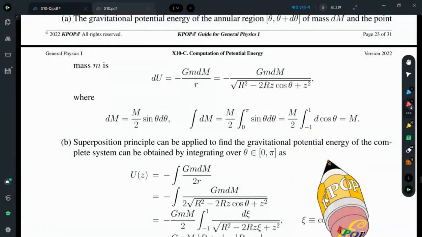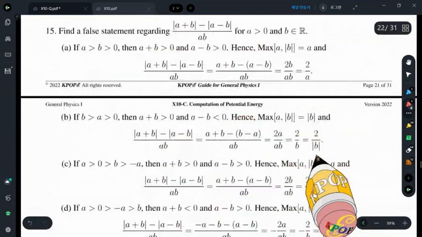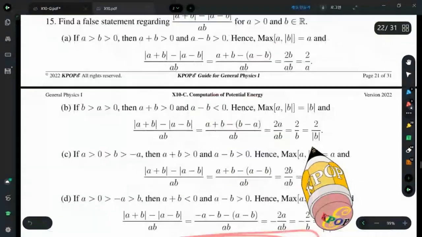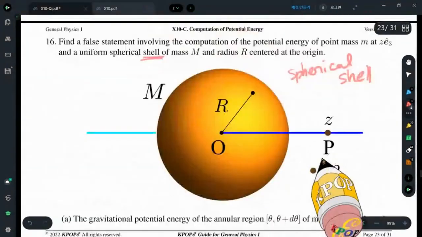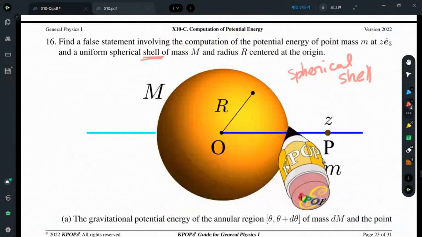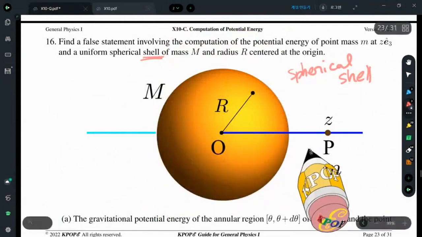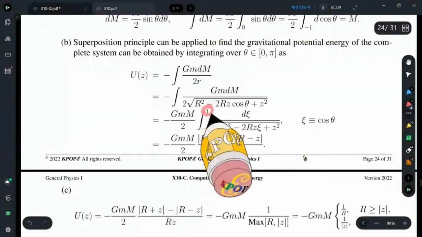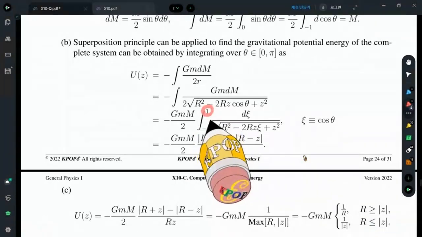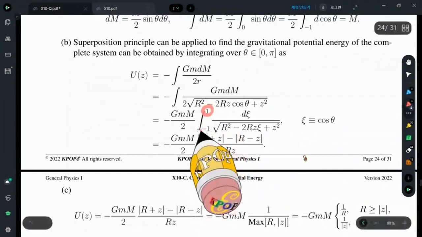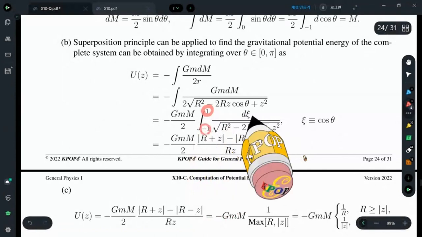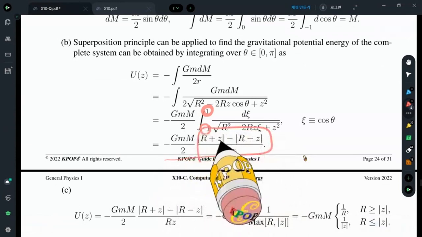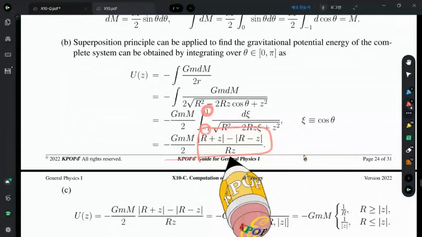What we have to do is just to replace the upper bound. Previously the bound was 0, but now cosine theta extends from -1 to +1. Therefore, the upper limit has been replaced with 1, and the lower limit is -1. We make use of the integral table, and then we have r plus z minus r minus z over rz.